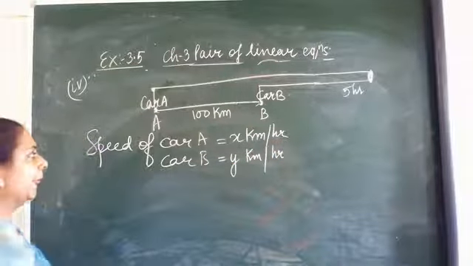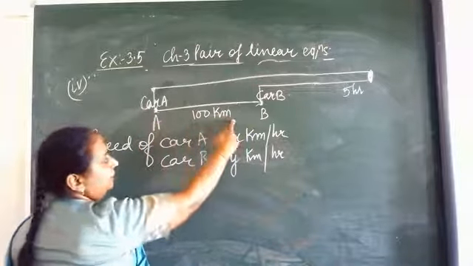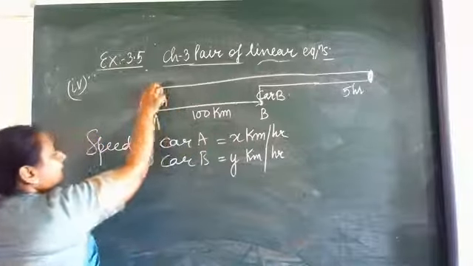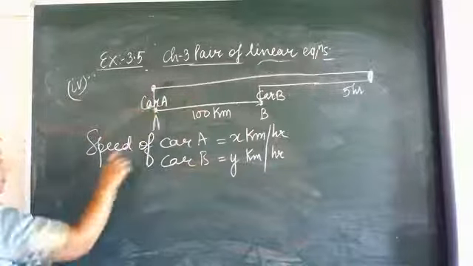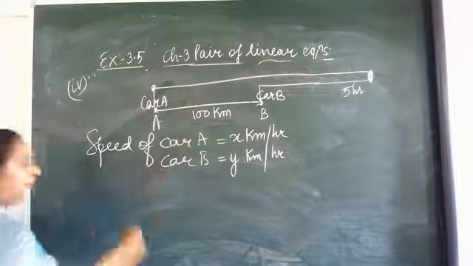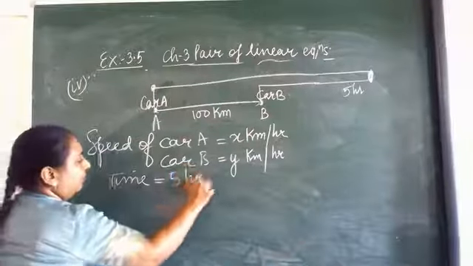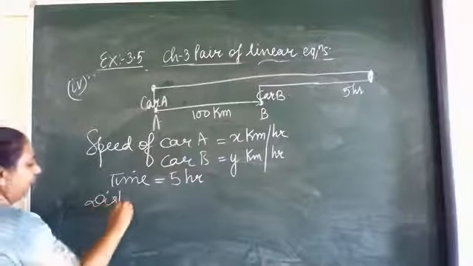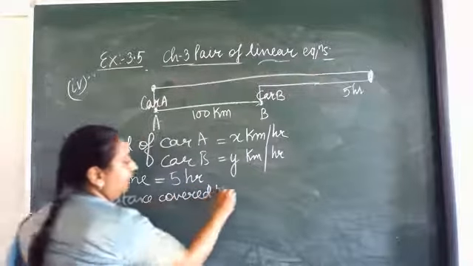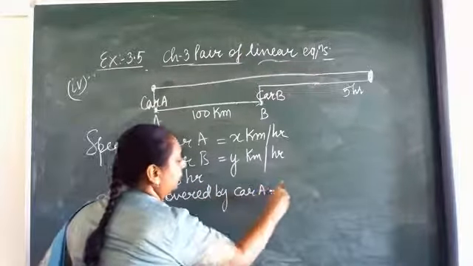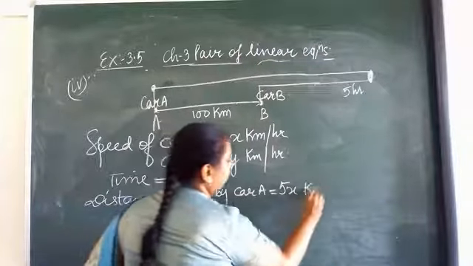Here, now see, distance is given as 100 kilometers. The speed of car A is x kilometers per hour and the time taken is 5 hours. So the distance covered by car A is equal to 5 into x kilometers.